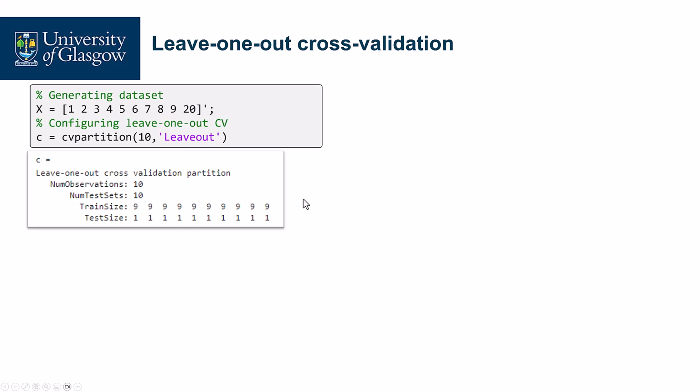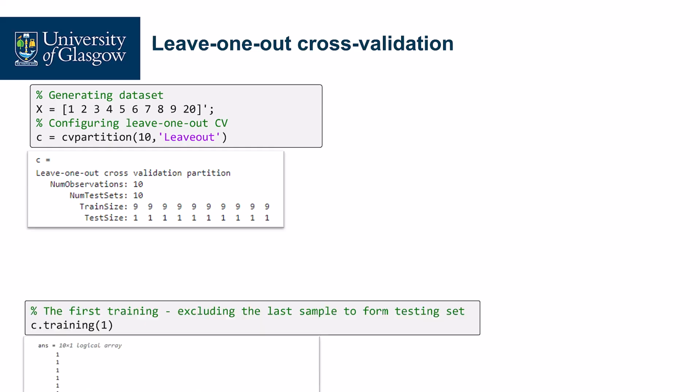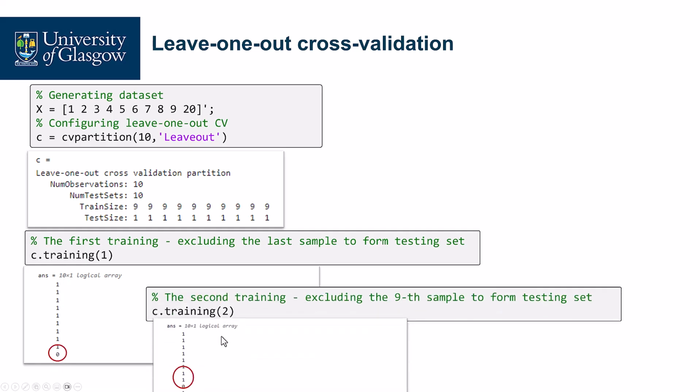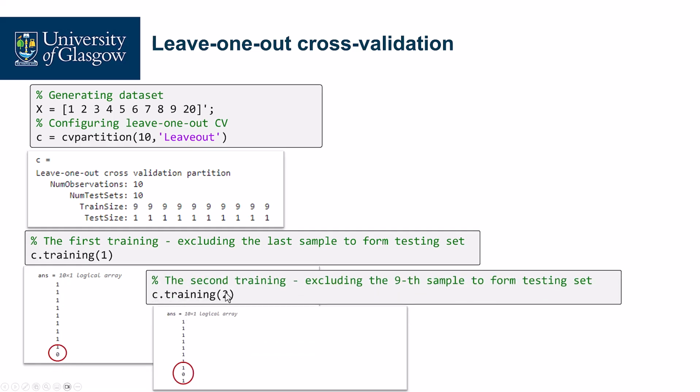So each time I use 9 samples to train and 1 sample to test. If we look in detail, for example, the first training set means the first 9 are used for training, and the last one for test. And for the second, the testing sample is here. You can see more details in the live script and try it yourself.